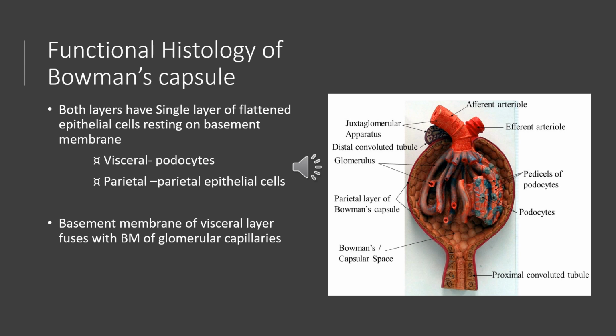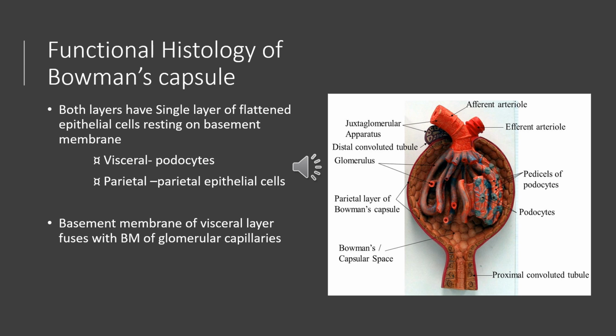We have already learned that the glomerular capillaries are formed of a single layer of endothelial cells that are arranged on a basement membrane, and these glomerular capillaries lie much closer to the inner visceral layer of Bowman's capsule.